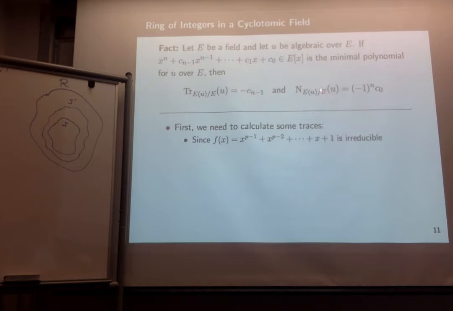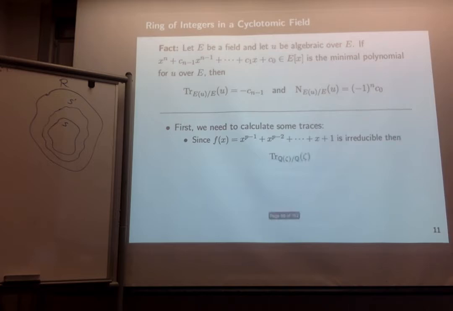And the norm, which we won't use but I put here for completeness, is negative 1 to the degree of the minimal polynomial times the constant term. If you would like to know how to prove any of these facts, anything I say today that I'm not going to prove, I'd love to talk to you after.